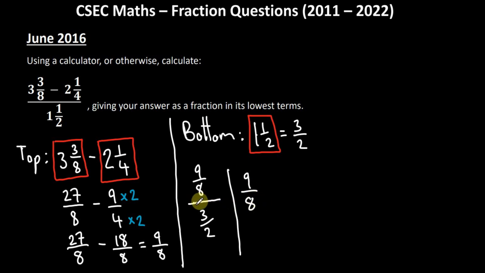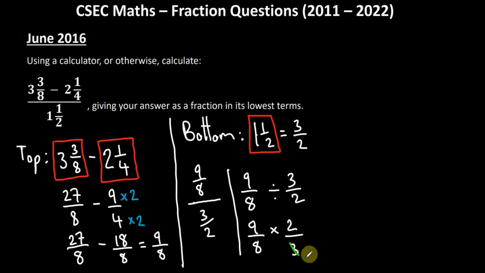And instead of using the fraction bar, I'm going to use a division sign instead. 9/8 divided by 3/2. And remember how we divide, guys. So we keep the first fraction, change the sign to multiplication, and flip the second fraction. So we'll bring the 2 to the top and bring down the 3 to the bottom. And let's see what we can do from here.